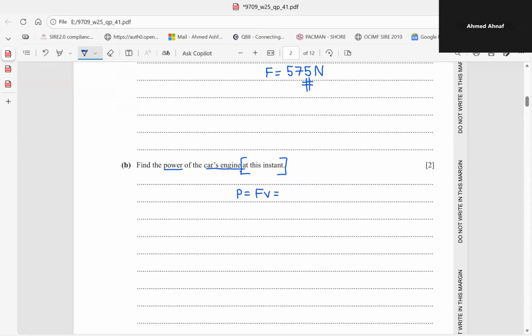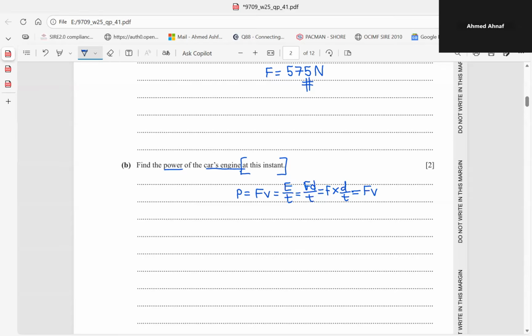To know this formula, you can take the original formula, E over T, and energy is equal to work done, and work done is force times distance over T. Then you can take out the F, and you'll be left with D over T, and we know that D over T is just V, so you'll get P equals FV. So I just showed how to derive this formula if you can't remember it during the exam, but it should be pretty easy to remember.